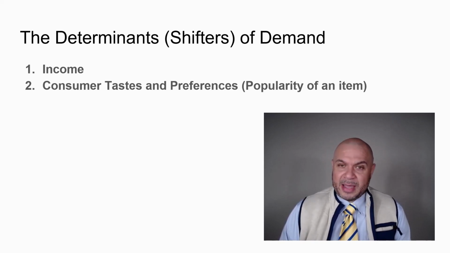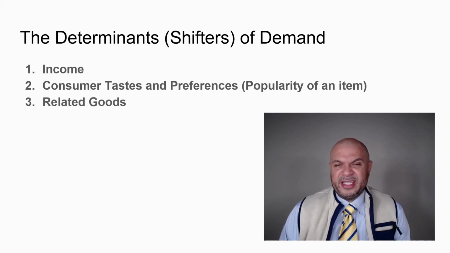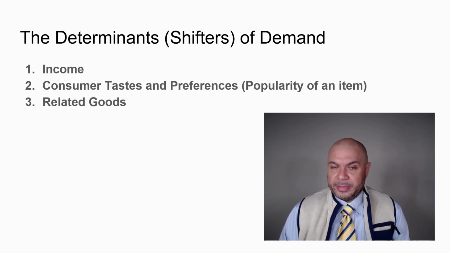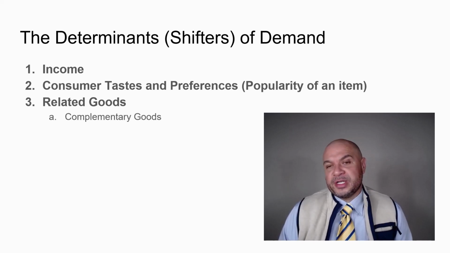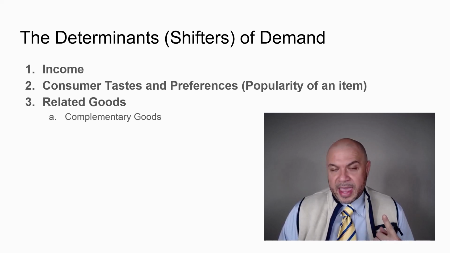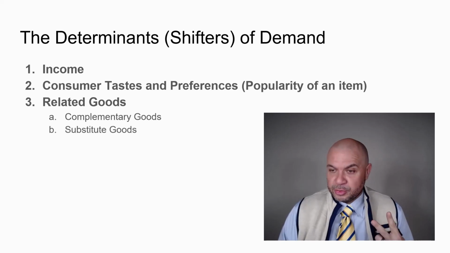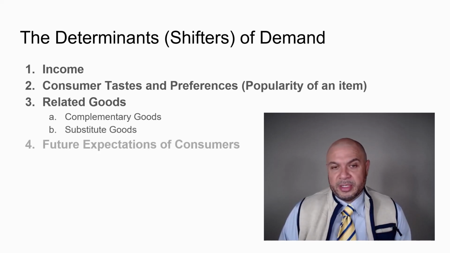When it becomes less popular, demand decreases. Third shifter is related goods. You need to put a star next to number 3, related goods, because this is the one students struggle with a little bit. It's broken down into 2 subcategories, the first of which is complementary goods, and the second one is substitute goods, which we'll elaborate on.